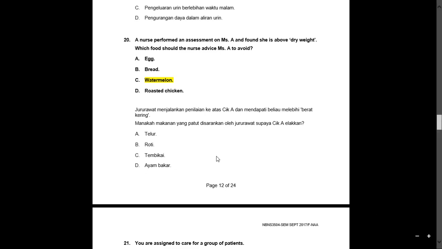Egg, bread, watermelon, roasted chicken: which contains a high amount of water? Answer C, watermelon. Compared to other food items, watermelon contains a high amount of water, so she should avoid watermelon because she already has extra fluid.